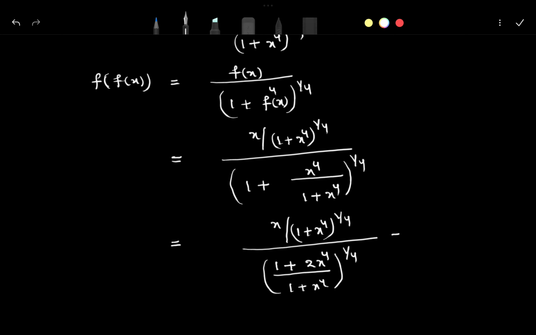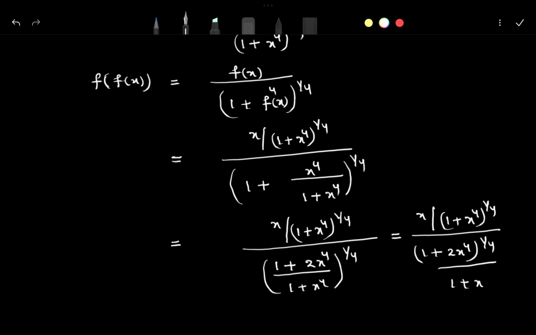So now here this one you can write x divided by (1 plus x to the power of 4) whole to the power of 1 by 4, whole divided by (1 plus 2 into x to the power of 4) whole to the power of 1 by 4, whole divided by (1 plus x to the power of 4) whole to the power of 1 by 4. So now you can cancel that, the LCM in the numerator and denominator is the same.